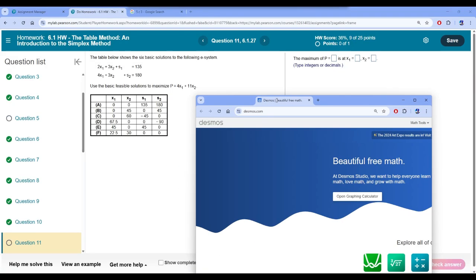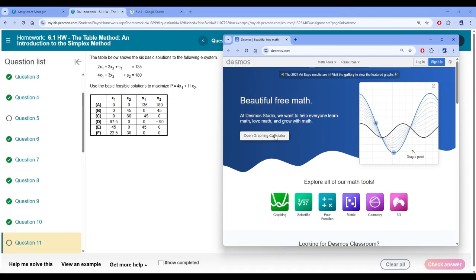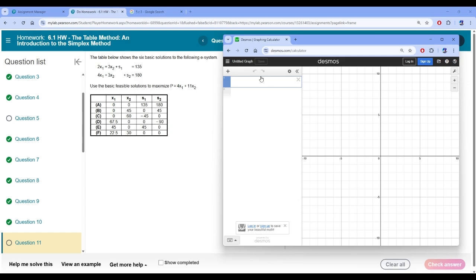How can I do this with Desmos? Desmos, come over here. So let's open the graphing calculator. I just need to know what 4 times something plus 11 times something is. My first one is going to be 0 and 45, which gives me 495. My second one is 45 and 0, which gives me 180.